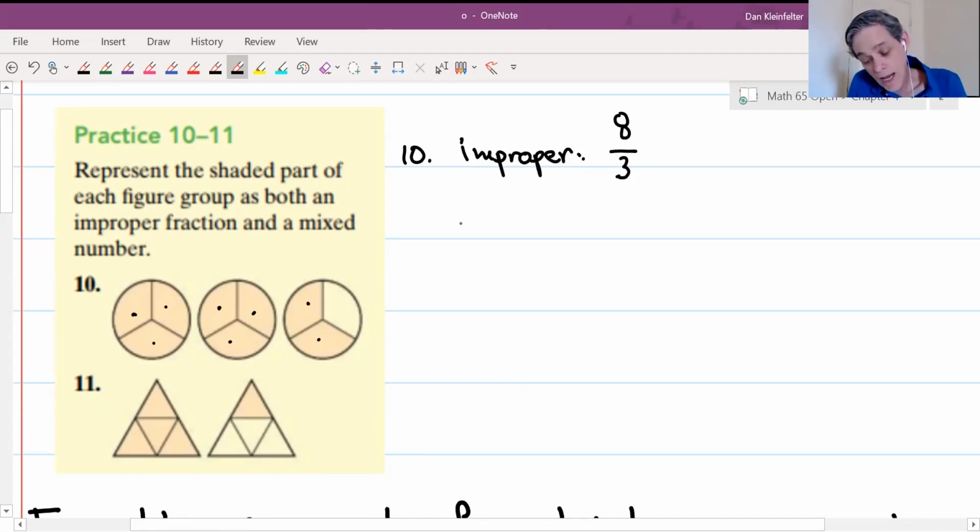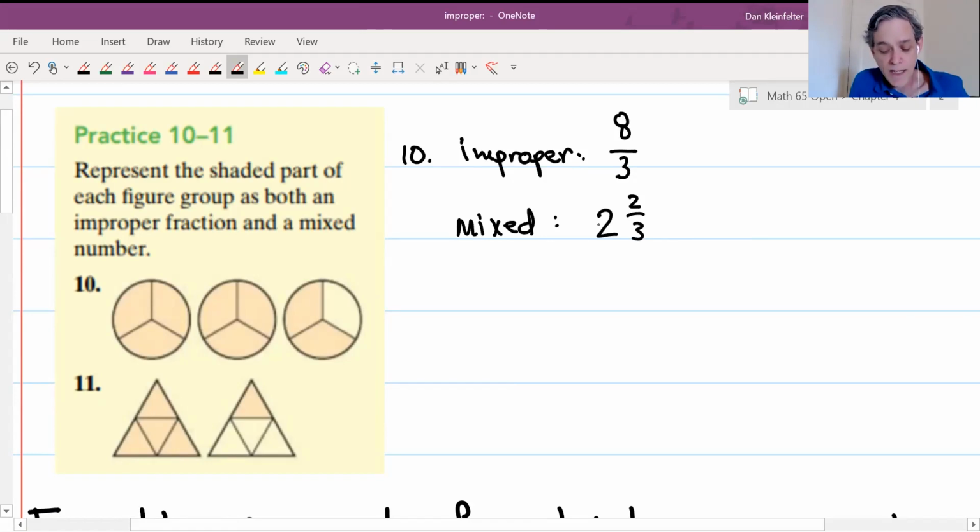Okay, as a mixed number, well, each whole was divided into 3 parts, so each one of these circles represents one whole. So then we have 1, 2 full whole units, and then 2 thirds of a third one.